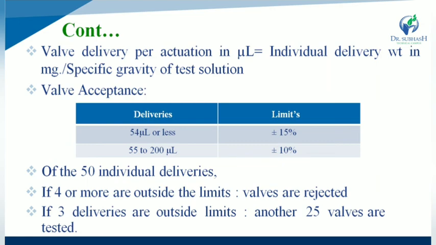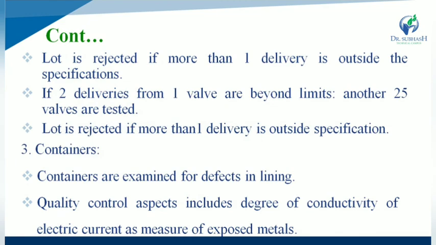If 3 deliveries or 3 valves are outside the limits, another 25 valves are tested, and the lot is rejected if more than one delivery is outside the specification. Second, if two deliveries from one valve are beyond the limits, a further 25 valves are tested, and the lot is rejected if more than one delivery is outside the limit.